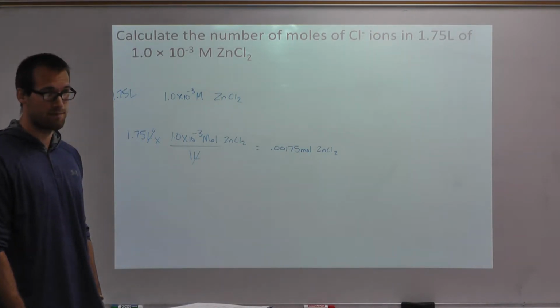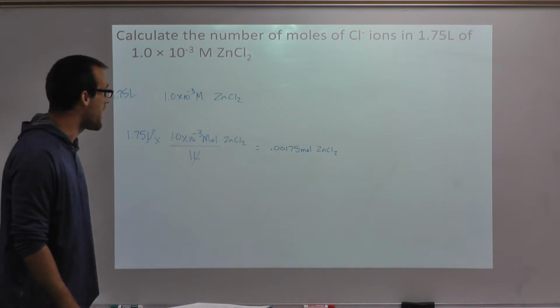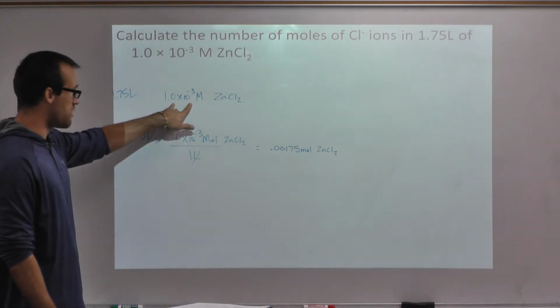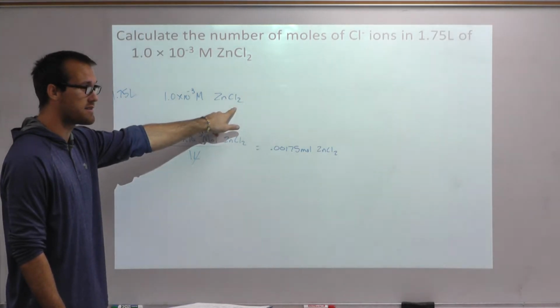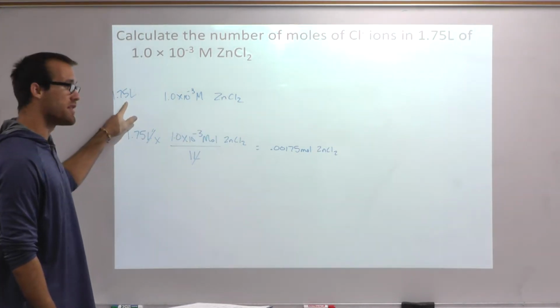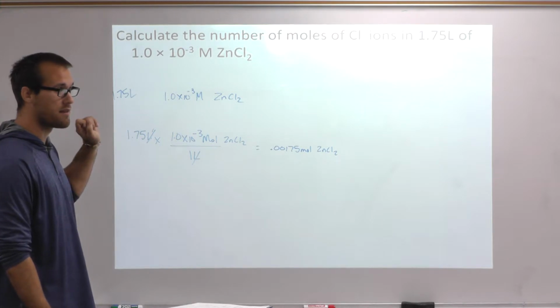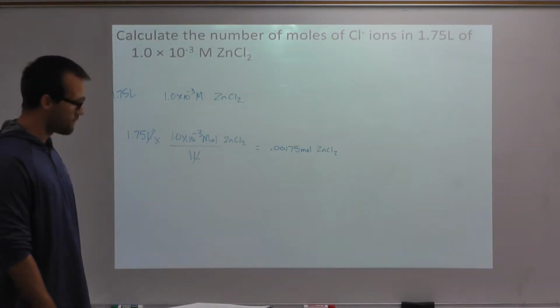Everybody see that? Now, could I have taken this, multiplied it by 2 to get the molarity of the chlorine ions, and then used this? It would have done the exact same thing. Doesn't matter which way you choose. Cool? Alright.